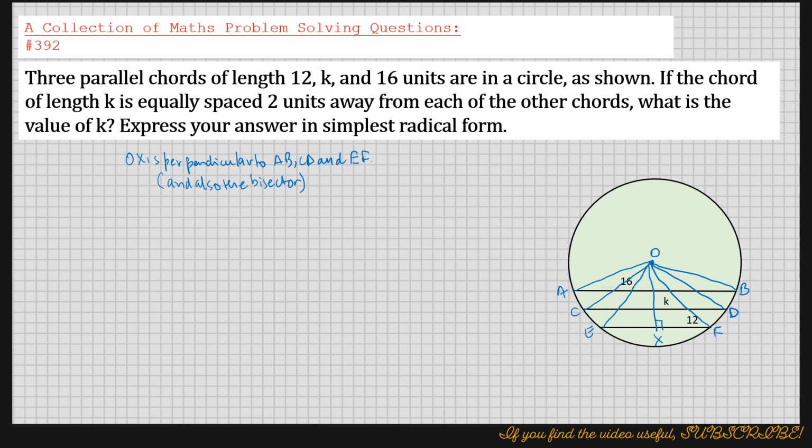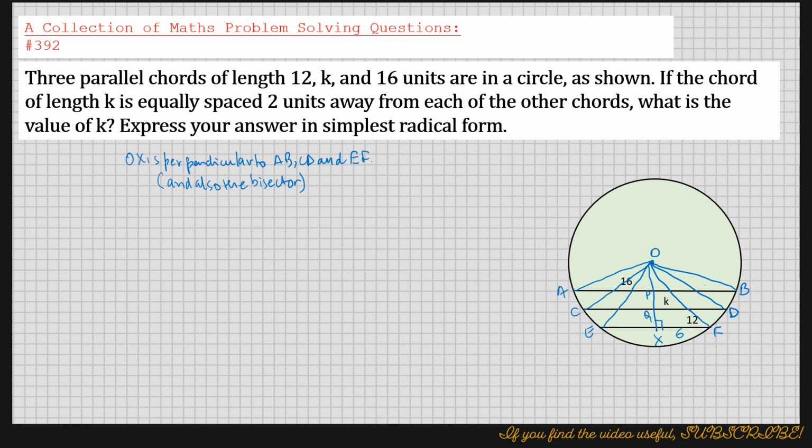I said that it bisects, because XF would be 6. I don't want to make it too cluttered, but I can still name these points, say point P and point Q. Then you'd have QD equals k out of 2 and PB equals 8, which is 16 out of 2.